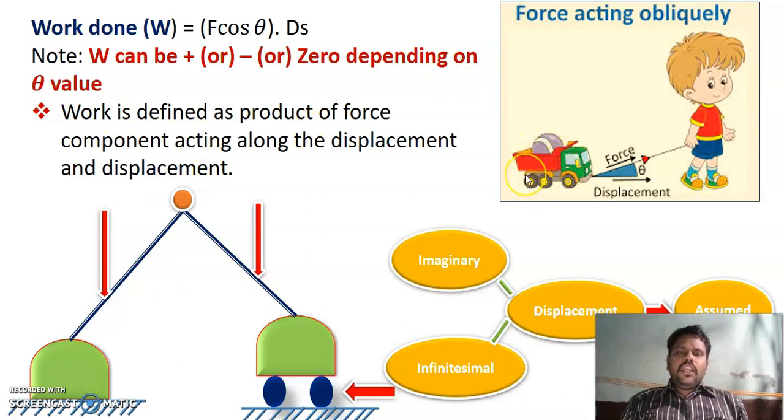When a body is subjected to an external force, the body gets displaced from position 1 to position 2. In moving the body from position 1 to position 2, work is said to be done.